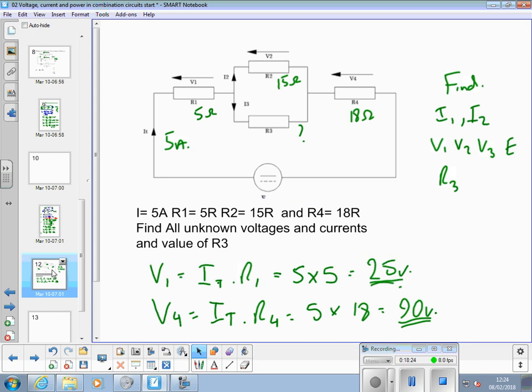Do beg your pardon. Let me give you a voltage then. Why have I got to be careful here? That's got to be bigger than those two added together, otherwise we've got a problem, haven't we? Finish it off. How do we finish it off?